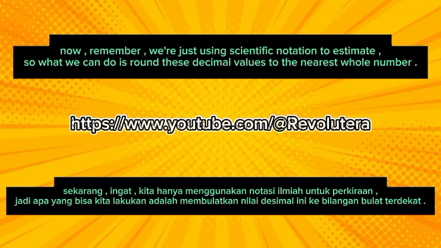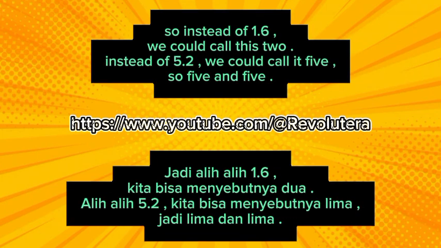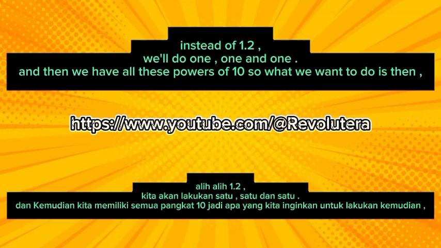Now, remember, we are just using scientific notation to estimate. So what we can do is round these decimal values to the nearest whole number. So instead of 1.6, we could call this 2. Instead of 5.2, we could call it 5. So 5 and 5. Instead of 1.2, we'll do 1, 1 and 1.